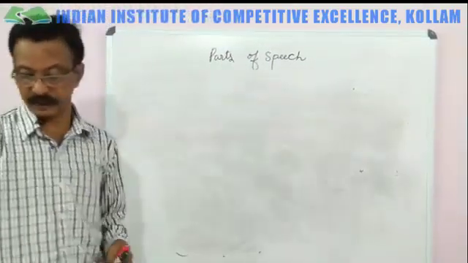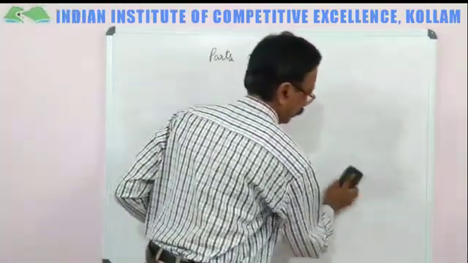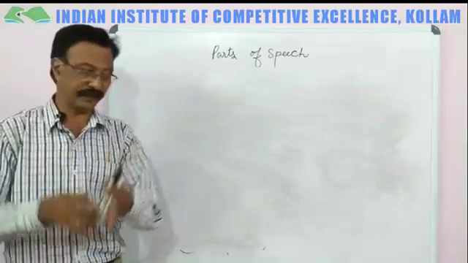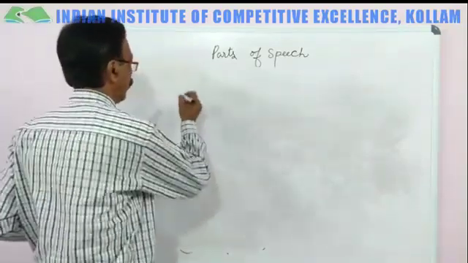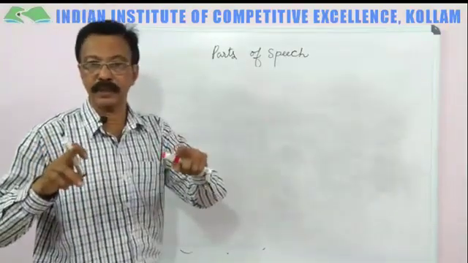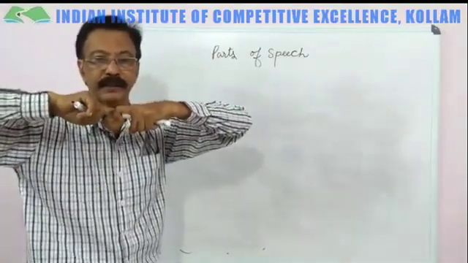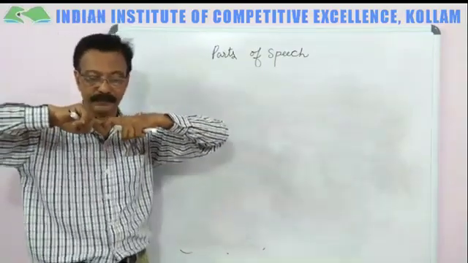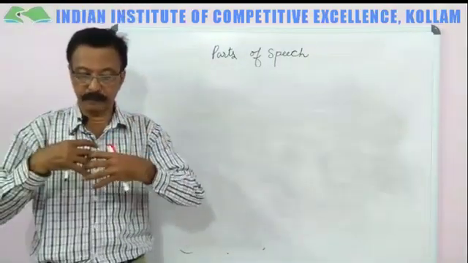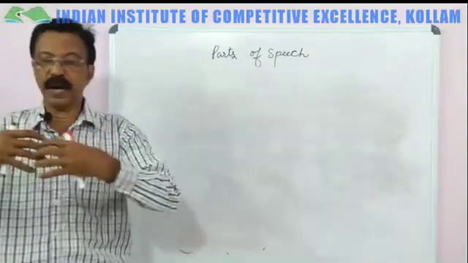Next is conjunction. It's a very important part of speech, because if there is no conjunction, there may not be any link. So conjunction is a link. A conjunction joins two ideas. In other words, it expresses the relationship between two parts of a sentence.